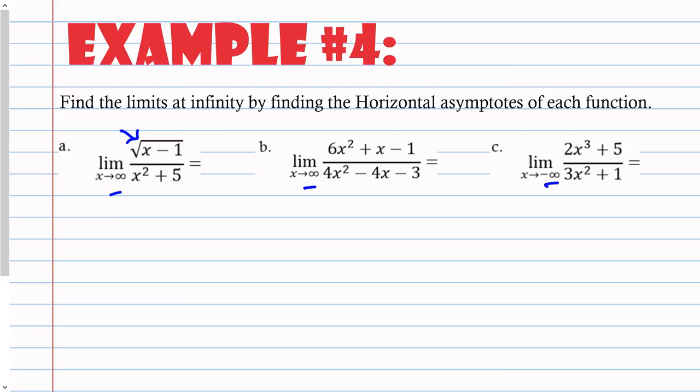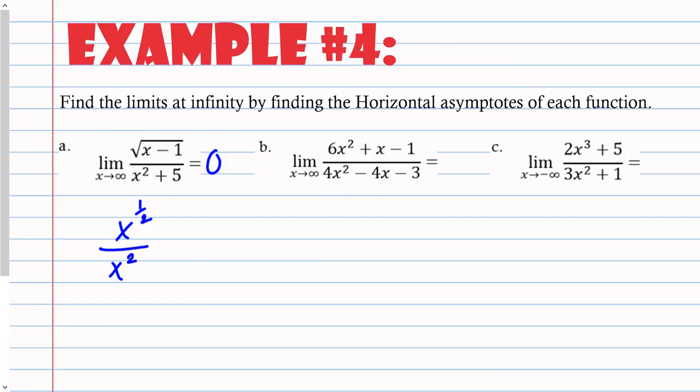Just think of a square root as an exponent of 1/2, because that's what a square root is. And so now I have x squared on the bottom. This is bottom heavy. Bottom heavy means the limit is located at y equals 0. So my answer is just 0. That's all you gotta do. You just gotta play with it.